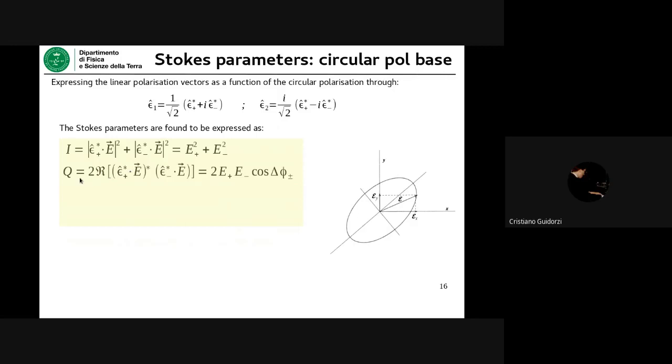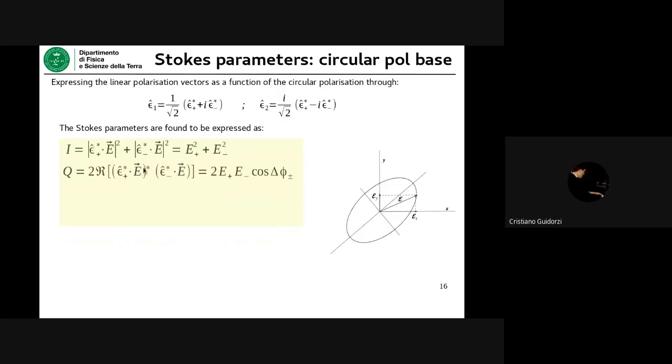What about Q? Well, Q is twice the real part of this quantity. You start from the previous definition, replace epsilon 1 and epsilon 2 with epsilon plus and epsilon minus, express E in the circular polarization base, and after some algebra you end up with this expression. So again, twice the real part of this complex quantity.